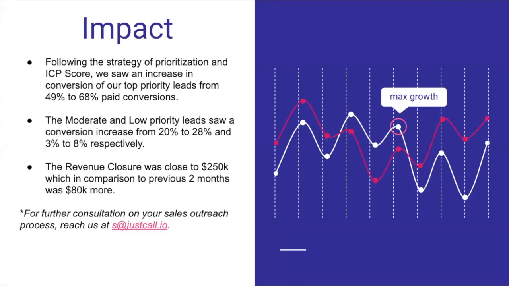And the moderate and low priority leads saw an increase of from 20% to 28% and 3% to 8%, which is, for the low priority leads, I really think that's an amazing number. And kudos to my sales team as well on that. The revenue closure for the past 2 months has been around $250,000, which is a significant increase with $80,000 in the past 2 months. And I think this is something which has been effective for us.